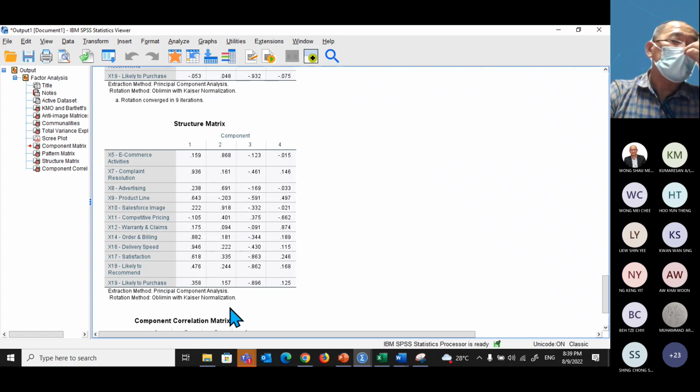But you still follow the guideline I mentioned just now. If possible, find a name that represents all the variables. In case not, at least represent 2 or 3 variables. Lastly, if still cannot, use the name with the highest correlation, highest factor loading. That's it.